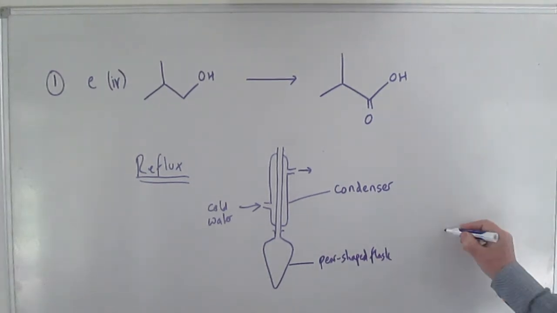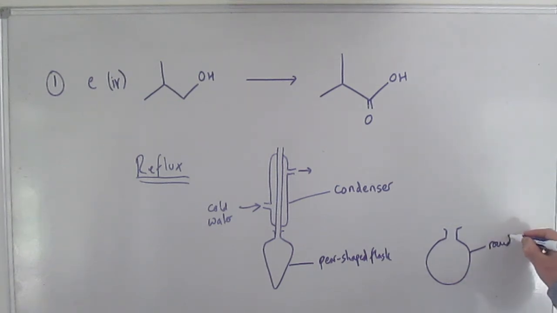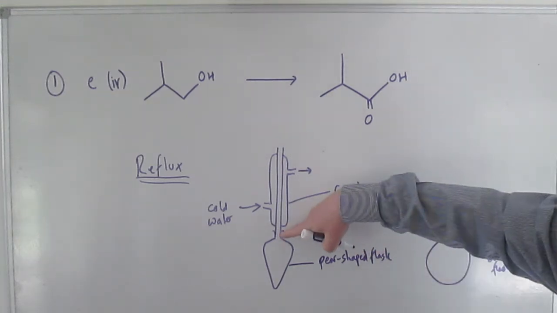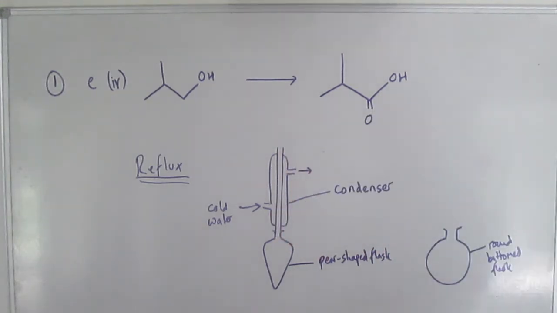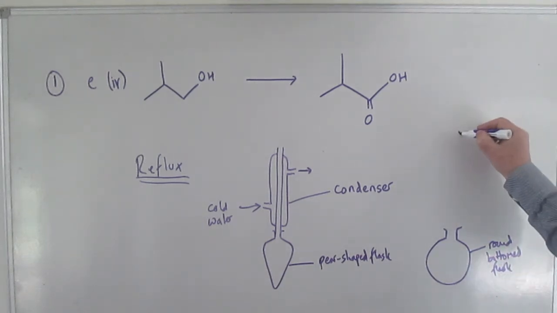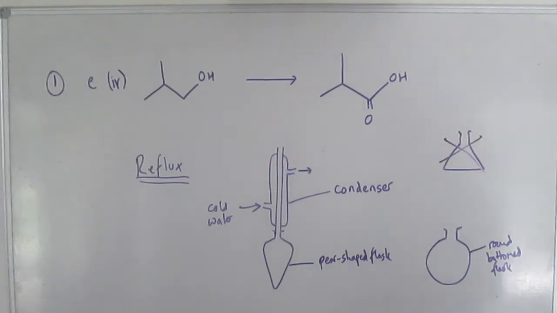Or if you preferred, you could have one that looked like this, in which case you label it round-bottomed flask. But either way, it needs to have the condenser stuck in the top of it like that. You can't have a conical flask, which is one of these. That's not used in these kind of organic things, so that's no good. But round bottom or pear-shaped would be fine.